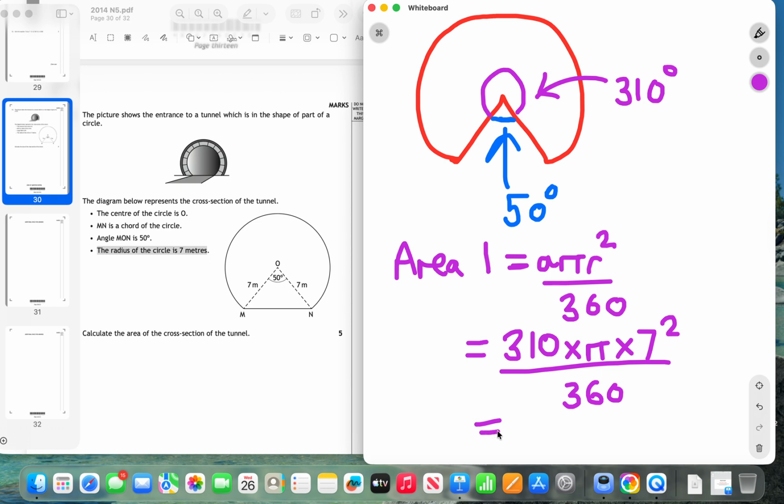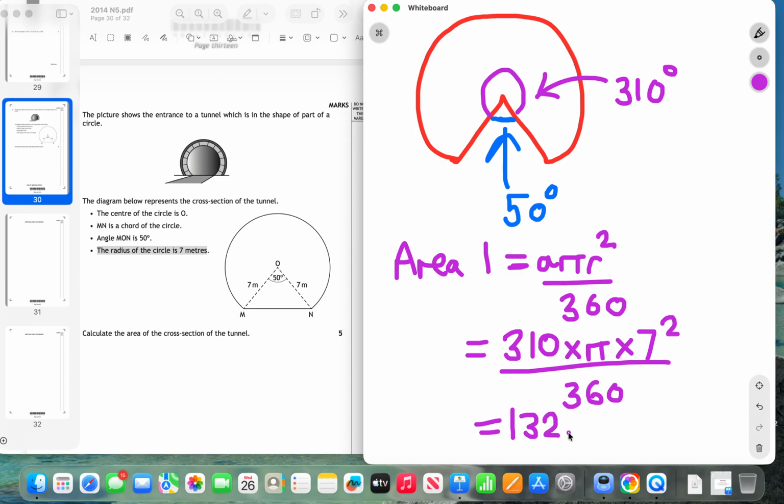And if we then substitute the values and input it into the calculator, we get 132 point.